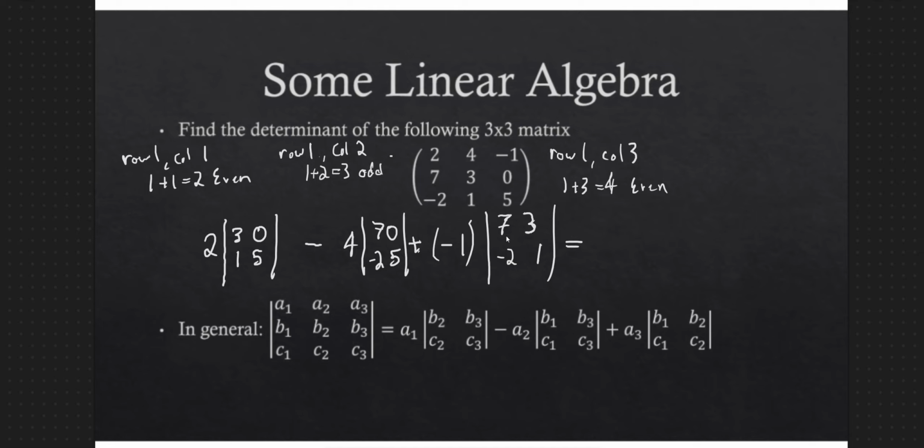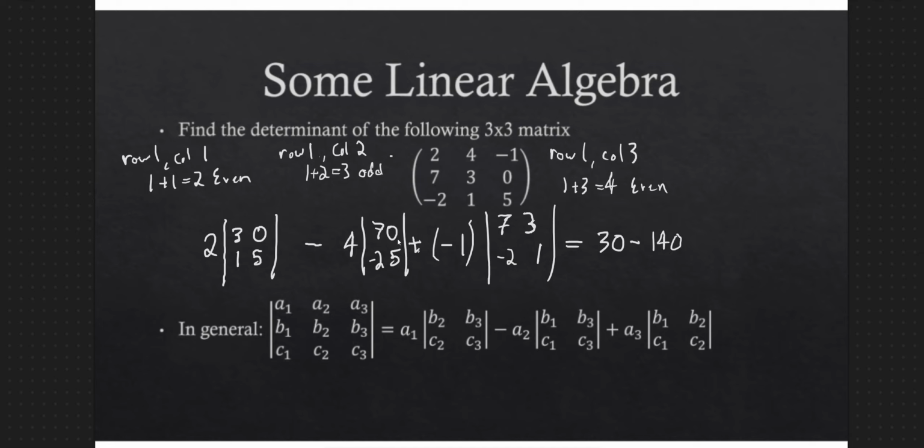But now I have this expanded. Now I just need to compute the determinants of these 2 by 2s. So here, 3, 0, 1, 5, the determinant of that is 15 times 2, so that's a 30 there. The determinant of 7, 0, negative 2, 5: 7 times 5 is 35, minus 0, so that's 35 times 4, that's 140, and I'm subtracting that off.